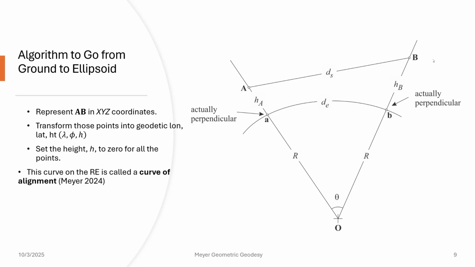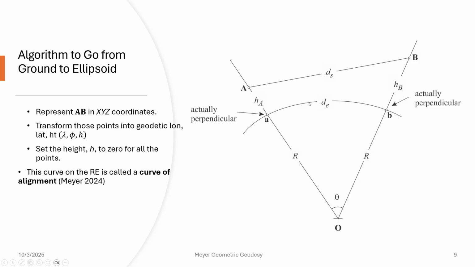So I'm going to take those coordinates in longitude, latitude, and height, and I'm going to transform them into geocentric XYZ coordinates so that I can represent the straight line from A to B easily in the XYZ coordinates.